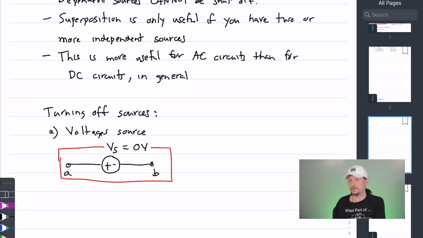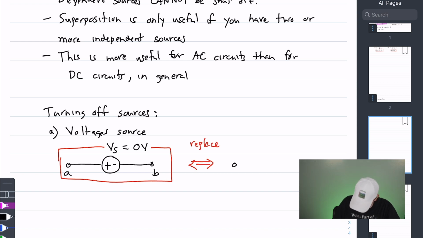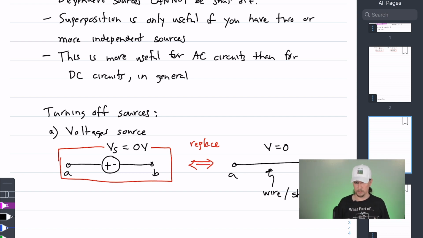There's only one other circuit element that has the property that the voltage across its terminals is 0, and that happens to be a short circuit. So over here, if you shut off an independent voltage source, one of the things that you will replace it with is between its terminals a wire / short circuit. Why? Because for this short circuit, the voltage across its terminals is guaranteed to be 0.